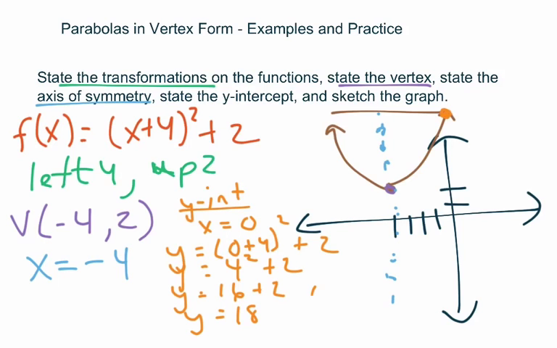And so the y-intercept would be the point 0, 18. Now that seems a little bit high given what my graph looks like, but it's not something that I'm sure is wrong. And we remember that the graph that we've done is just a sketch. That's all it is. All right, let's look at the next one.